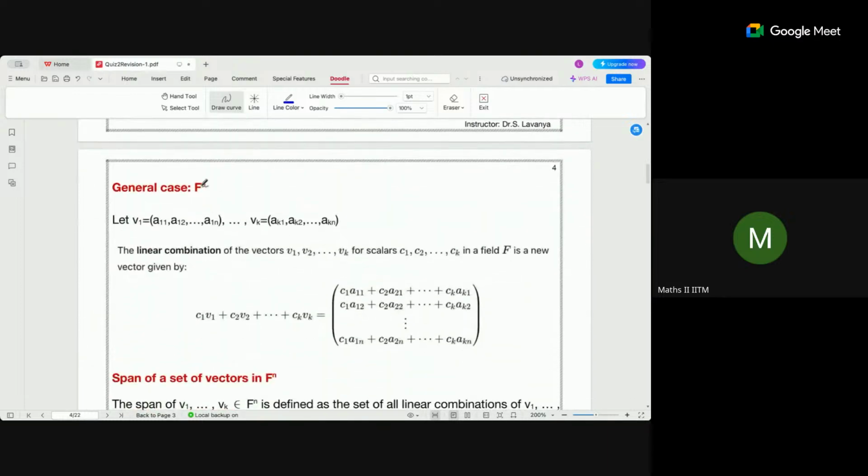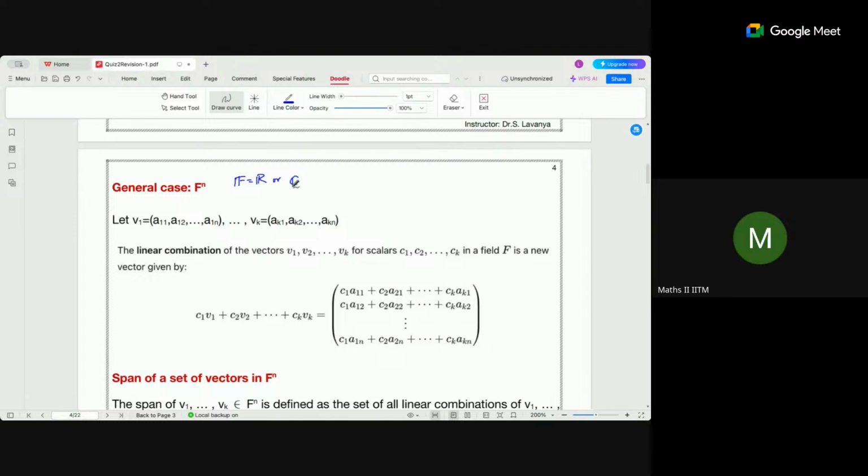The general case, Fn. F represents either R or C, right? So here you take a set of k vectors v1, v2, ..., vk, and each of these vectors is from Fn. The linear combination of the vectors v1, v2, ..., vk for scalars c1, c2, ..., ck in a field F is a new vector.